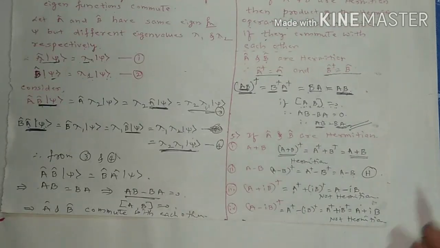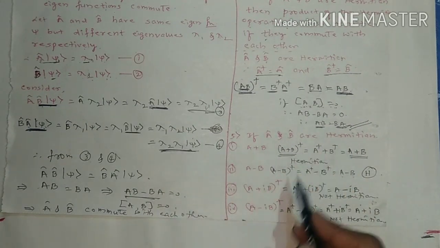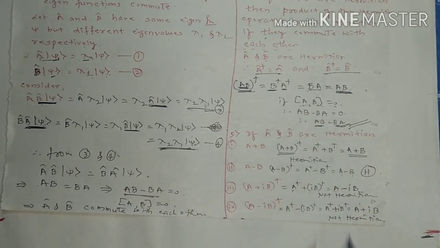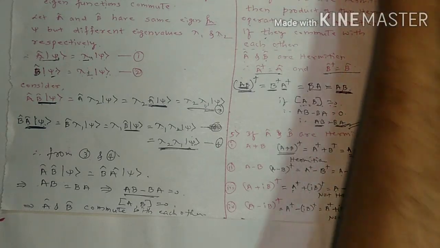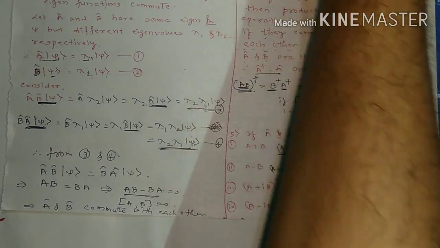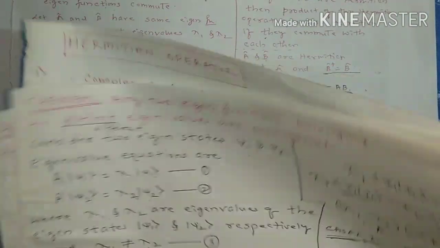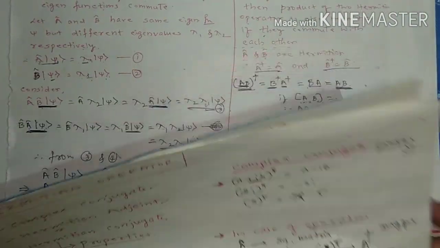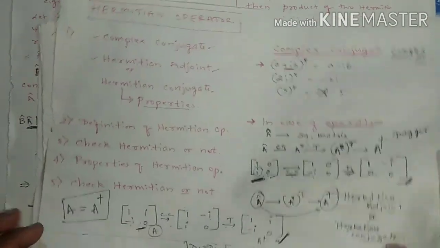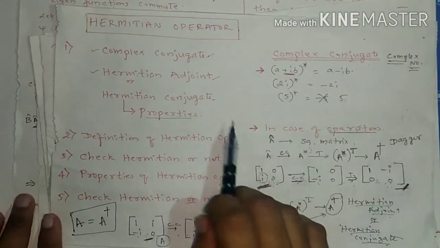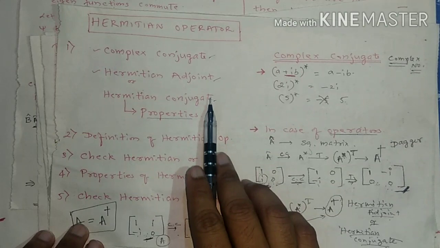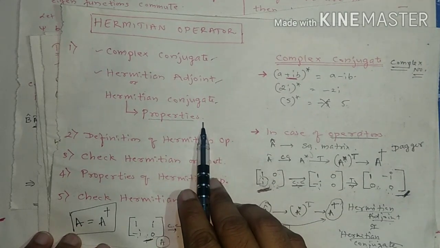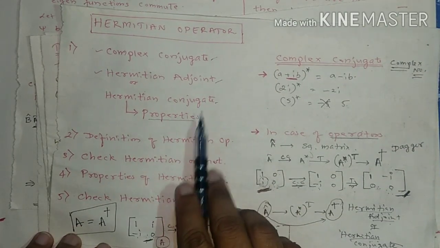So we have seen the properties of Hermitian operator. In this lecture we have covered the Hermitian operator. First we saw the complex conjugate, then Hermitian adjoint or Hermitian conjugate, a few properties of Hermitian conjugate.